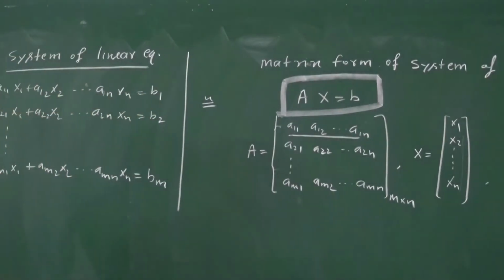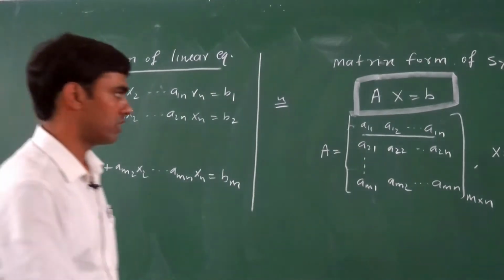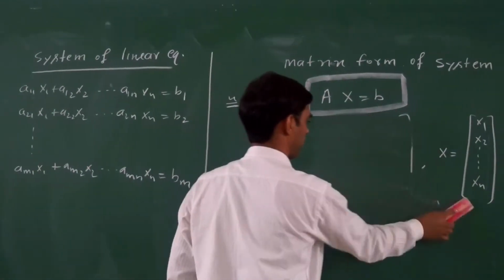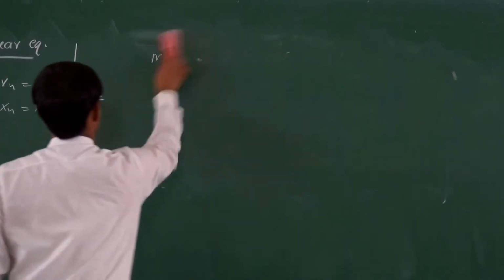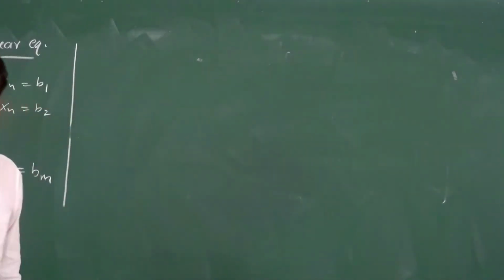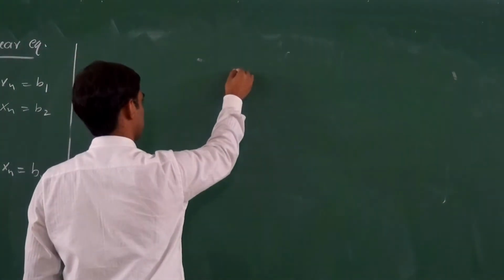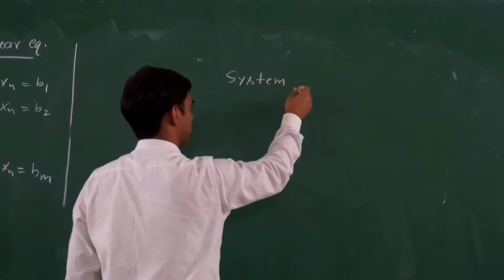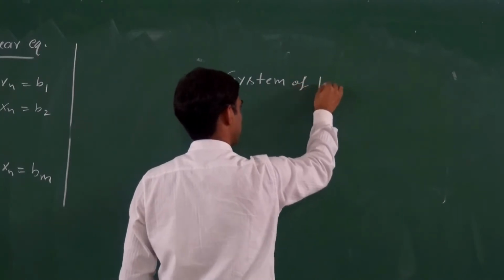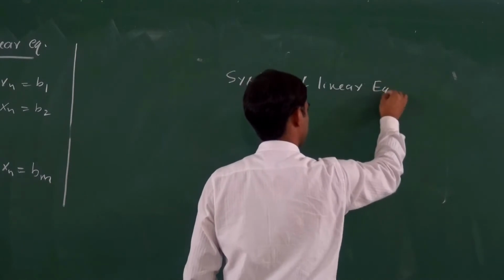Now, how do we categorize the system of a linear equation?